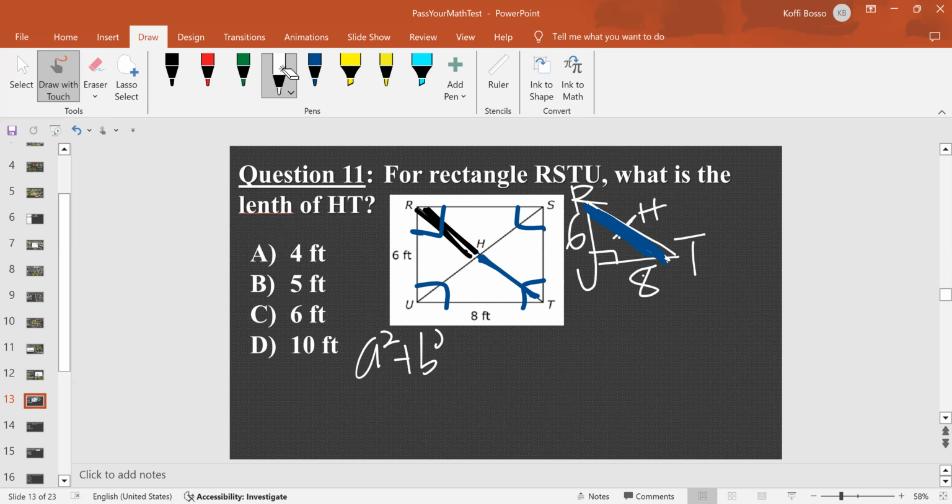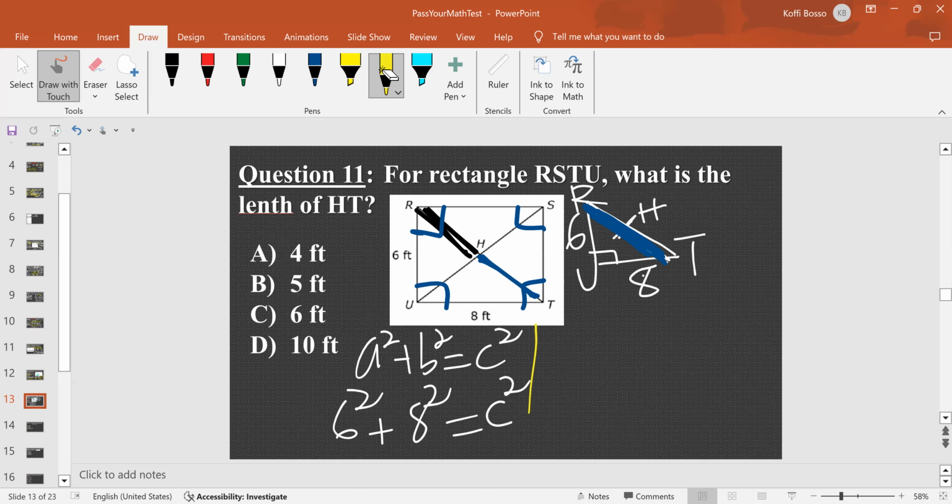plus B squared is equal to C squared. So my A here is 6. B is 8. C squared equals... the hypotenuse is C, which I don't know yet. Okay, if we continue, what is C squared?